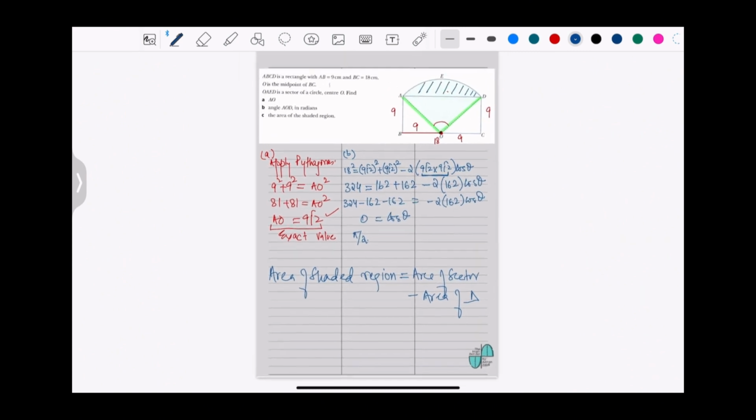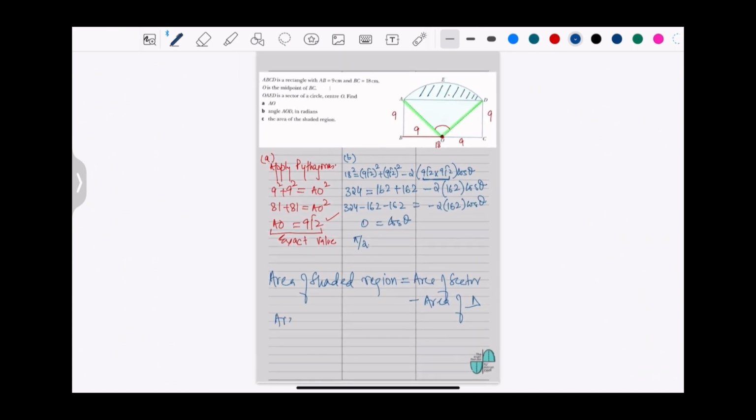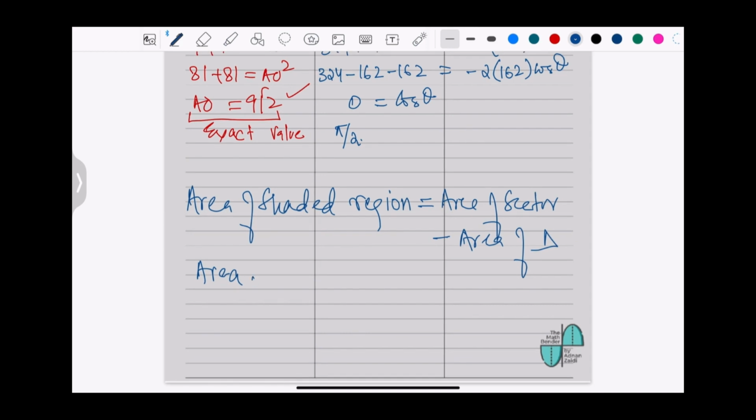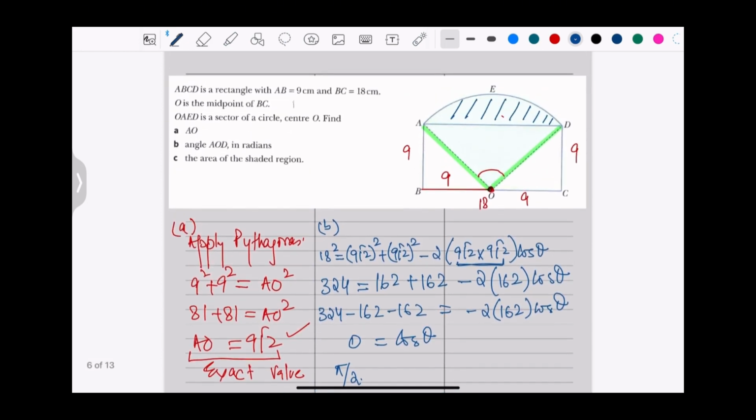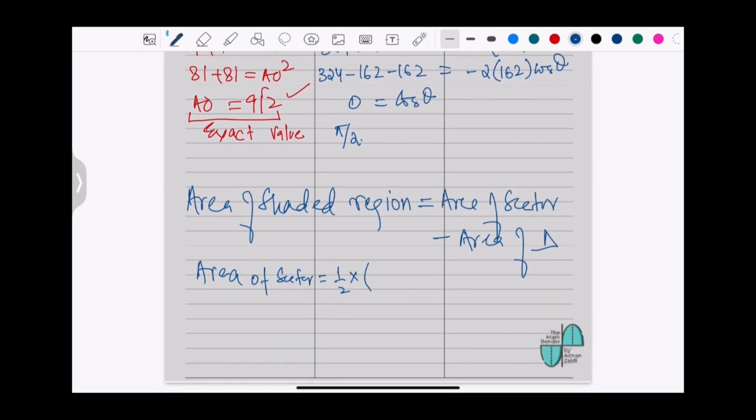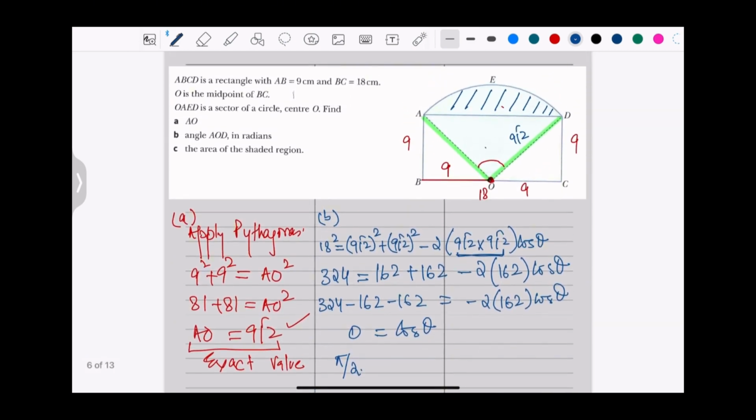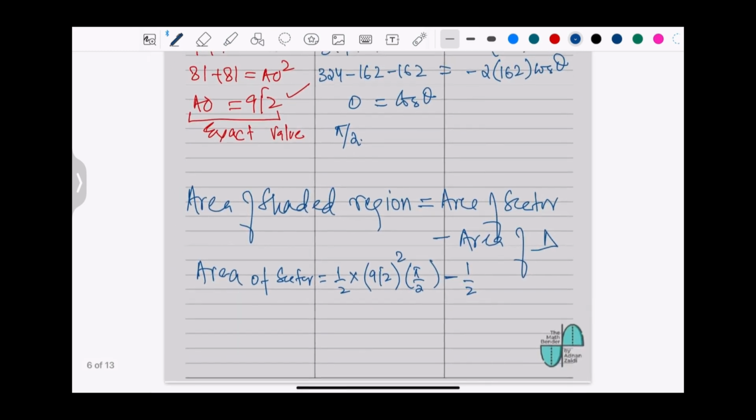So area of sector is 1 over 2 r squared theta, and as you could see this value was 9 under root 2, which becomes the sector's radius, 9 root 2 squared, and theta turned out to be pi over 2, minus 1 over 2 base times height. This is a right angle triangle because this turned out to be pi over 2. You can take straight away half into base into height times 9 root 2 times 9 root 2.